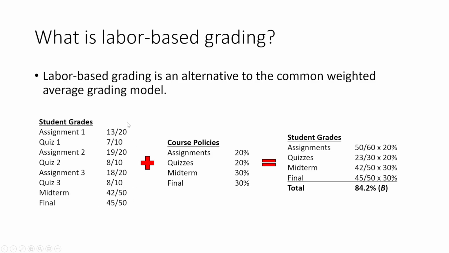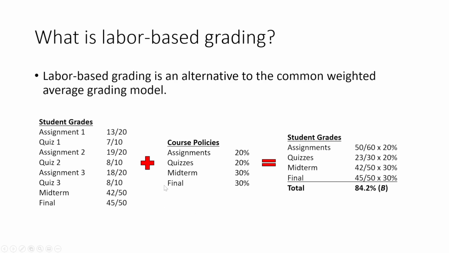Students get numerical grades. There's some policies in the course about what percent is weighted for each chunk, and at the end of the quarter, you do some math, and you plug it into a spreadsheet maybe, and you get some number out, which at my school might translate into a B.